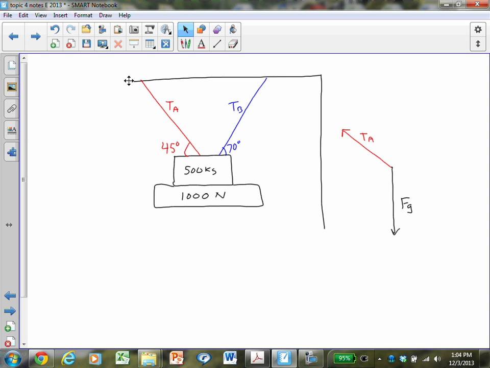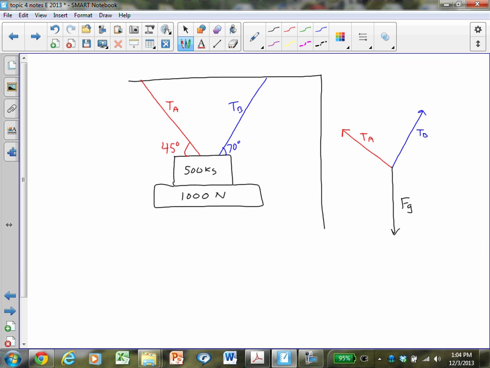All right, so what other forces do we have? TB. Is that it? What's the hint if there's some other force? This 500 kilograms has got to give us 5,000 newtons.